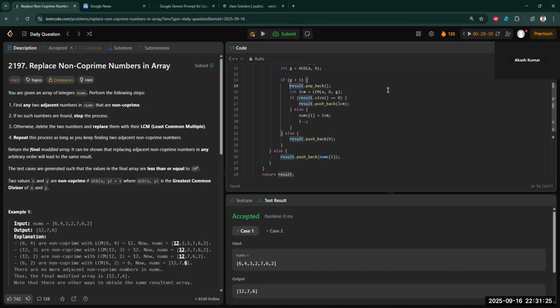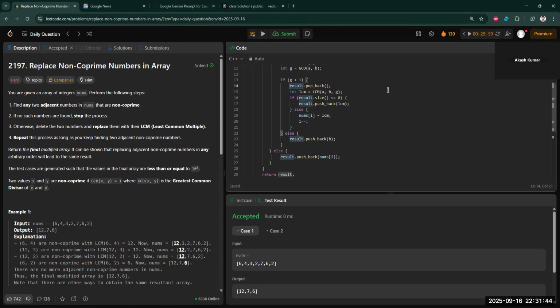If it is not empty, I need to process the previous element, the current last element of the result array, with the newly generated LCM, as we discussed on the whiteboard.